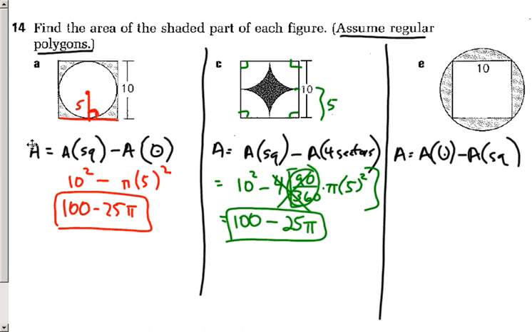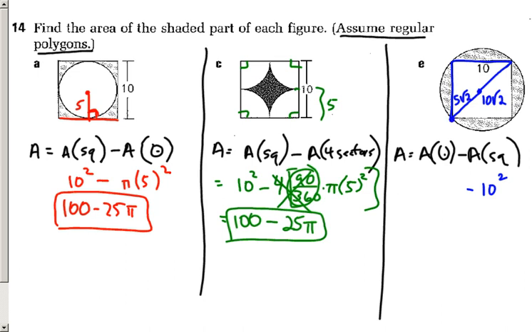The last one, the area of the circle is a little bit tricky. The area of the square is going to be easy. Again, all 3 of these have a square of side 10. So the area of the square is going to be 10 squared. The area of the circle is going to be a little bit trickier. But if the side's 10, the diagonal of the square is 10 root 2, and that would make the radius of the circle 5 root 2.